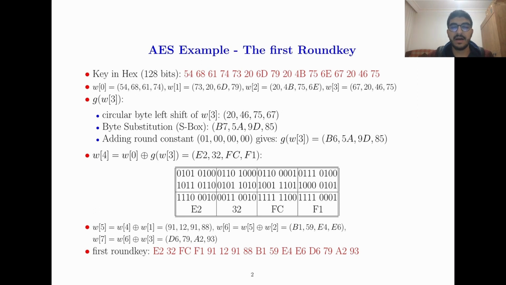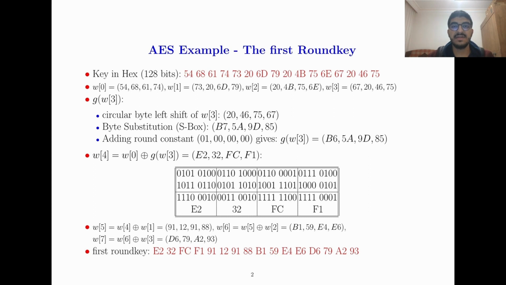We are splitting it up into 4 sub-arrays. Then we have W0, W1, W2, and W3. We are getting the last sub-array, which means W3, and we are applying a circular byte left shift of W3 by 1 to the left, byte substitution from the SBox, and adding the round constant.